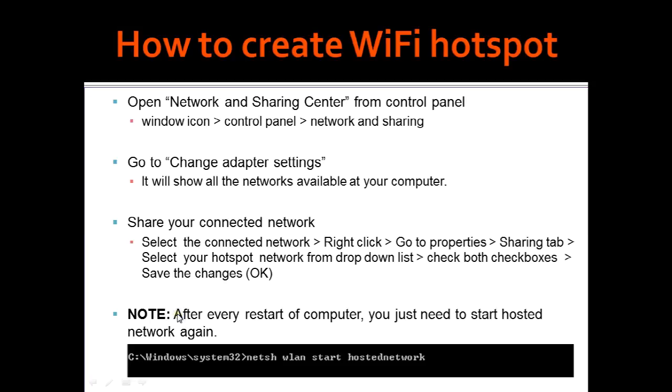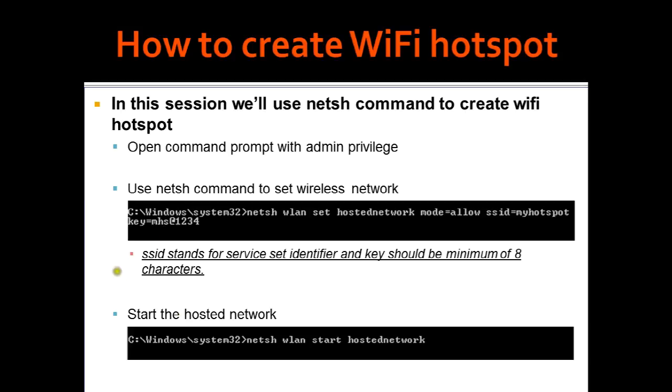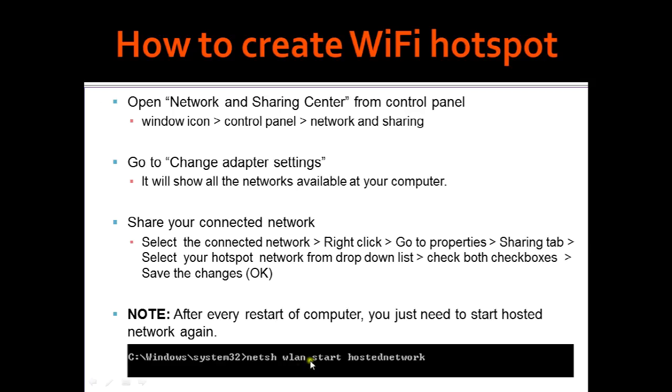Okay, and also note that once we have created a hosted network or hotspot, after every restart of the computer, you just need to start the hosted network again. We don't need to do all these steps like using the netsh command to set up the wireless network. What we need to do is just restart the hosted network, and for that the command line is netsh wlan start hostednetwork.